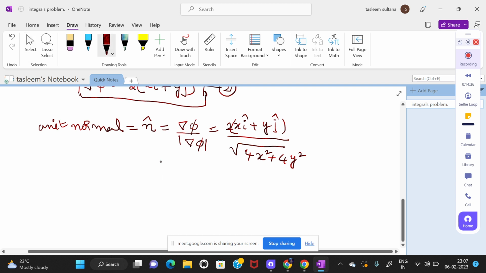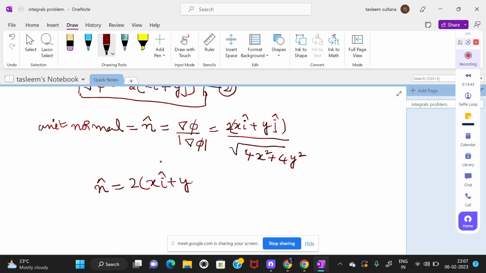Your n vector is equal to 2 of x i vector plus y j vector, whole divided by root of 4 of x square plus y square.